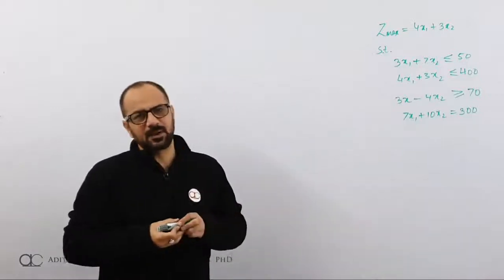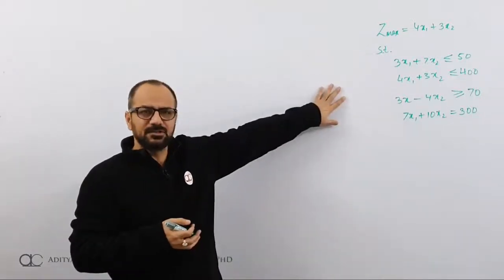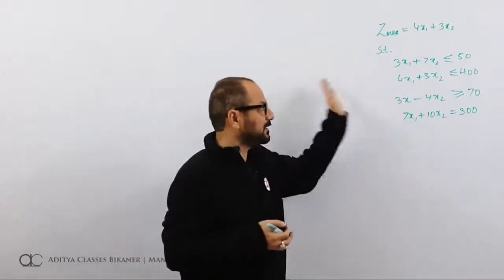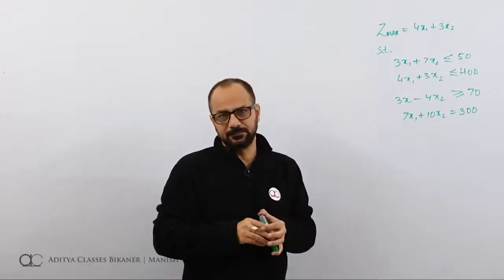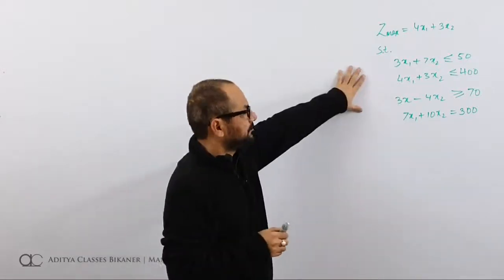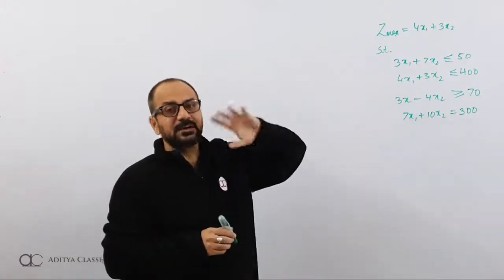Suppose we have this kind of primal. This is our formulation of a linear problem. We wish to convert this into a dual. This is the primal formulation, and we need to convert it into the dual.